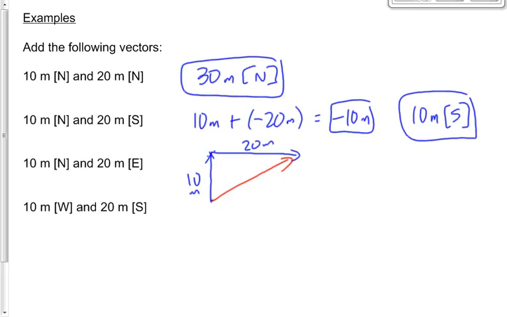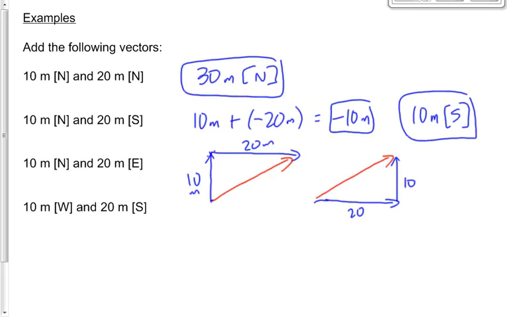Is there any other way I could have drawn it? 1 plus 2 is 3. 2 plus 1 is 3, right? So I could have just as easily drawn it like this. 20 meters and then 10 meters, and I would have got a resultant vector that looks like this.